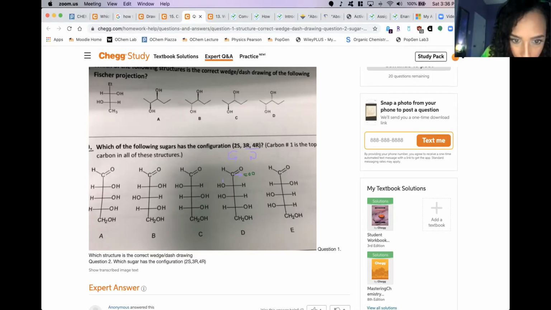Let's see. I'll tentatively call this 2. So this is R this way. So I'm gonna abandon clockwise. I'm gonna abandon this one on the left, and I'm gonna try this one right here. So this would be 1, 2, 3. Okay, so this one looks good for an S.